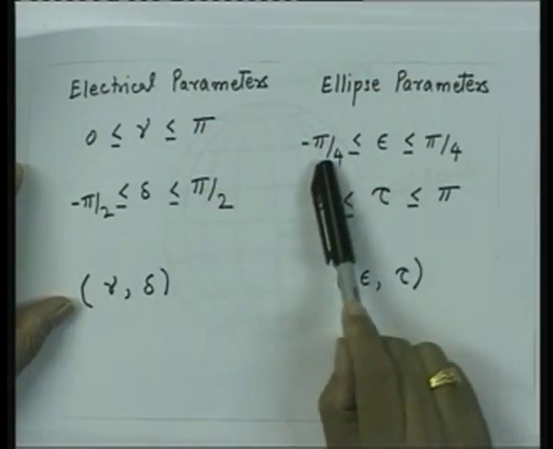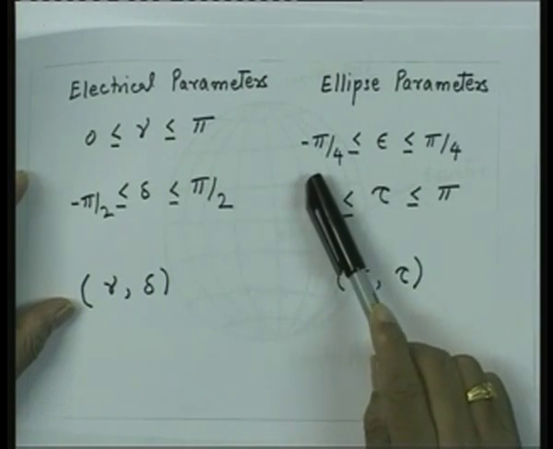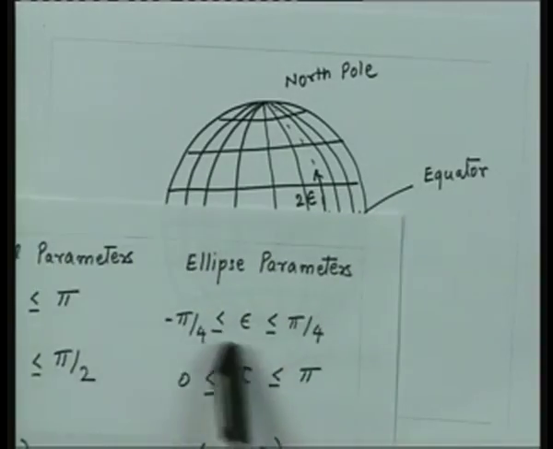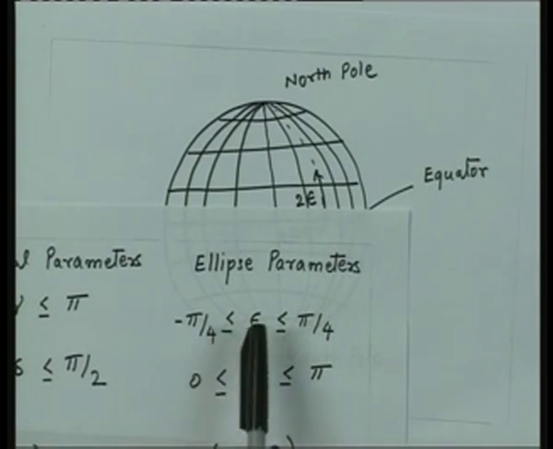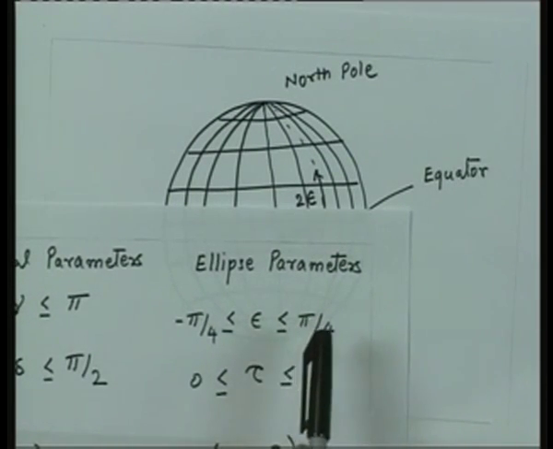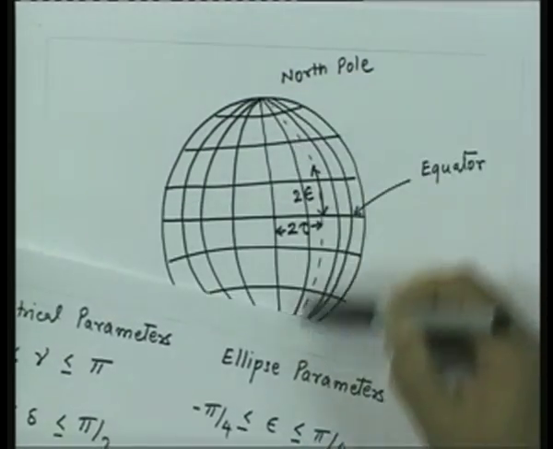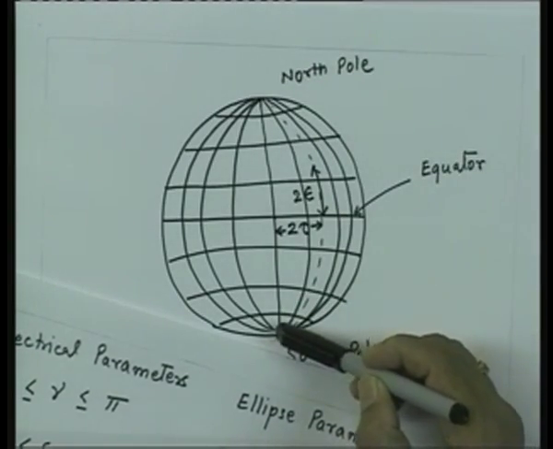Now, since the range of this parameter epsilon is from minus pi by 4 to plus pi by 4, the 2 epsilon will range from minus pi by 2 to plus pi by 2. That means all possible values of epsilon, that means all possible values of axial ratio with the sense of rotation taken into account, will lie on all these latitude points, which will go from minus pi by 2 to plus pi by 2.